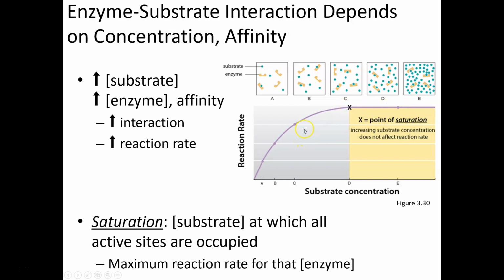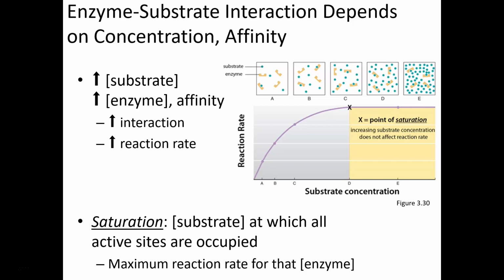What happens at saturation is that all of the binding sites are full, and since they are, we can't go any faster because they're all full already. And you can't go any faster than full. Now you could change that if you added more enzyme, because now you'd have more active sites, but if you have the same amount of enzyme, then you're going to reach a saturation point. And that's the maximum reaction rate for that enzyme.